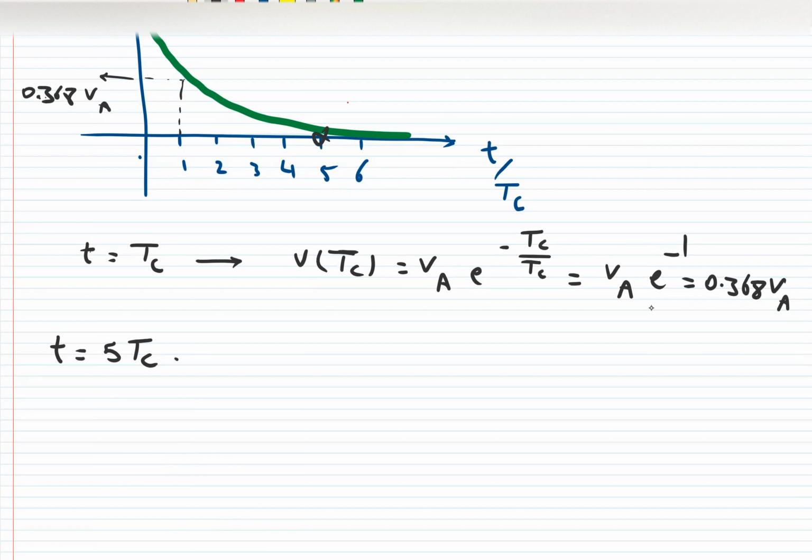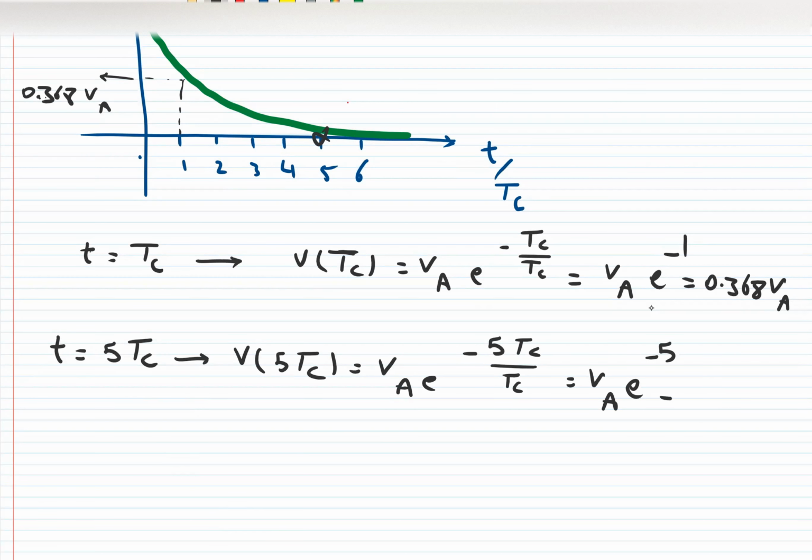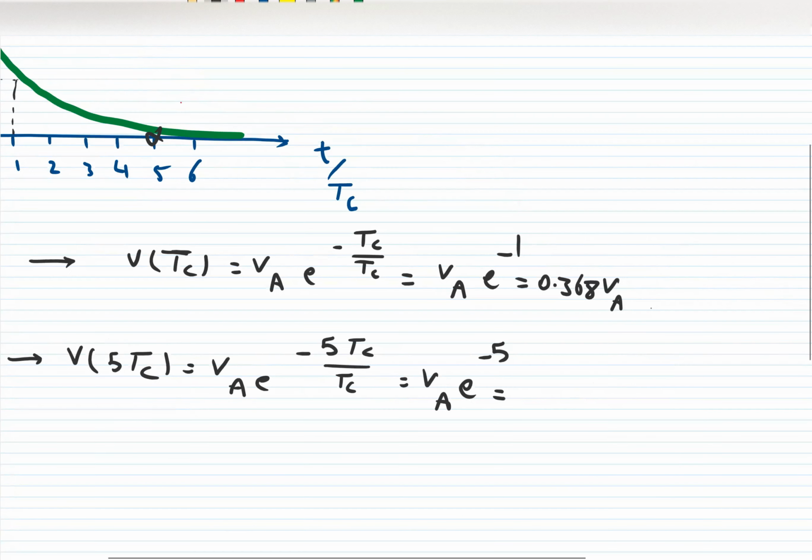If t is equal to 5 Tc, we can say v of 5 Tc is equal to Va e to the negative 5 Tc over Tc, which is equal to Va e to the negative 5, which is equal to 0.00674 Va.